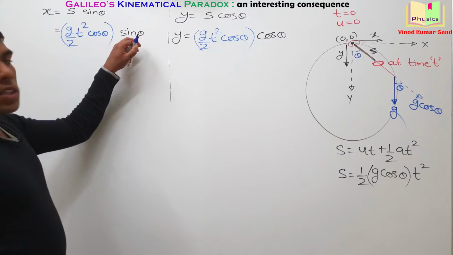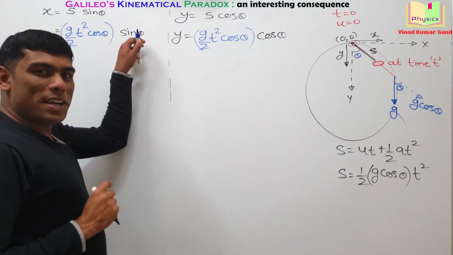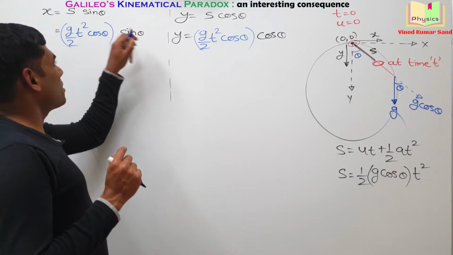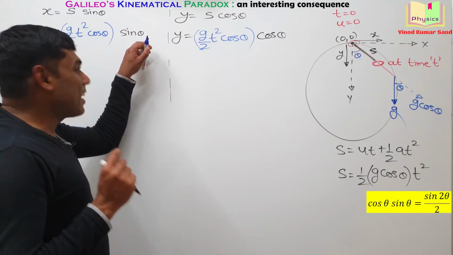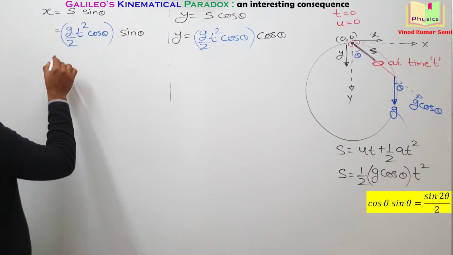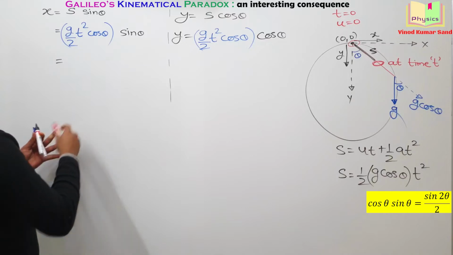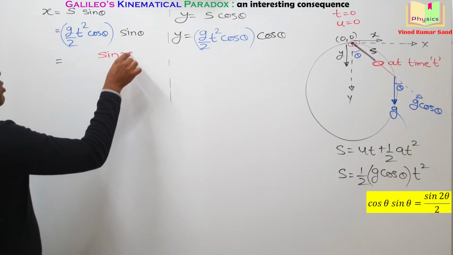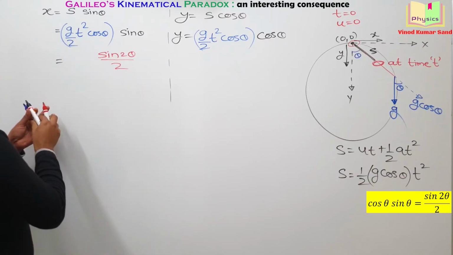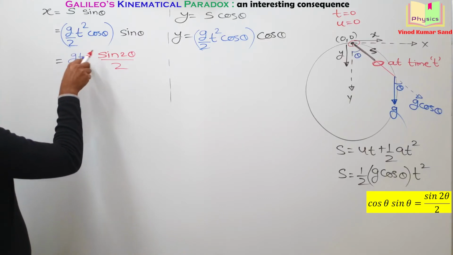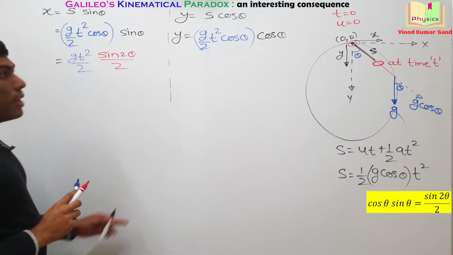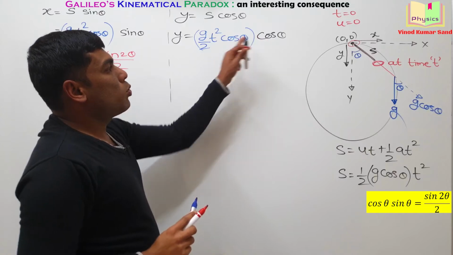Here we can see cos theta sine theta. Do you remember any formula from trigonometry for cos theta sine theta? Correct. This cos theta sine theta can be replaced as sine 2 theta by 2, and here was lying gt square by 2. Okay, similarly here we have cos square theta.